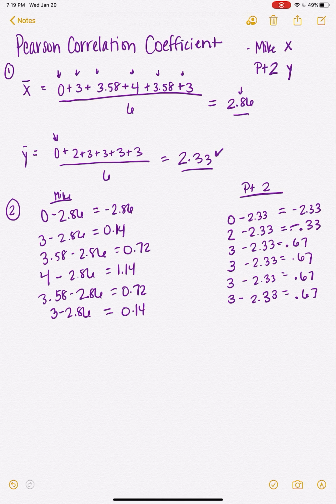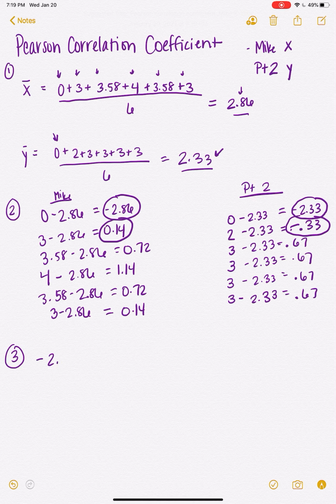Now I'm going to multiply the values for Mike and patient 2 together for each gene. This is going to be step 3.